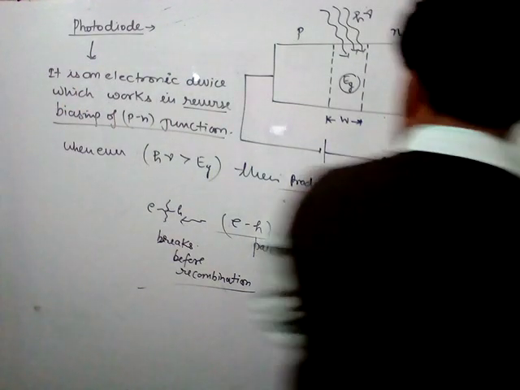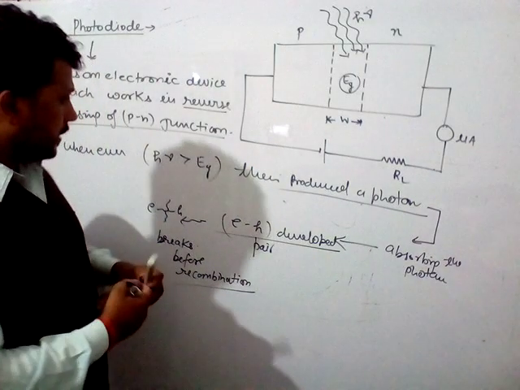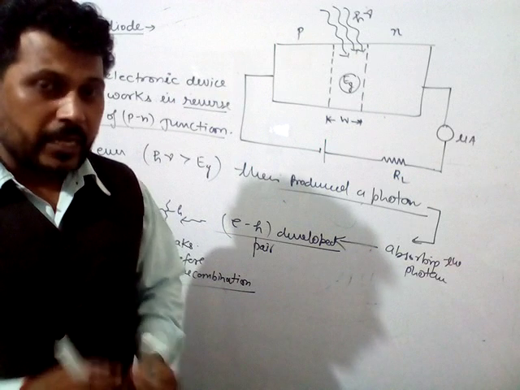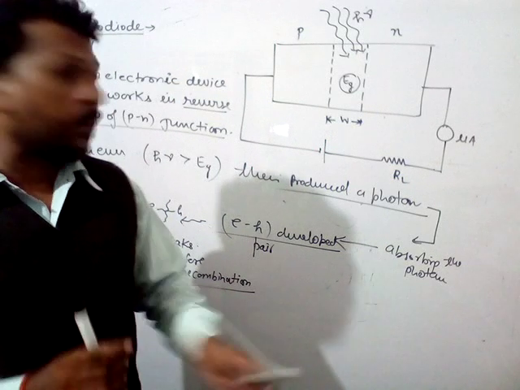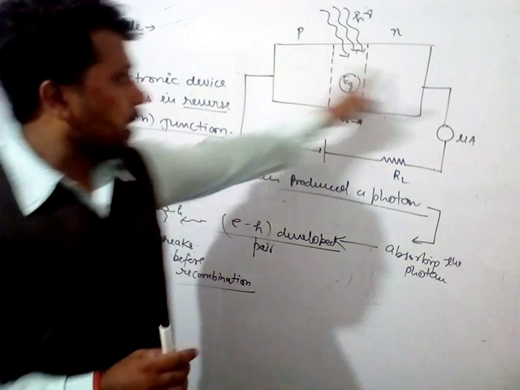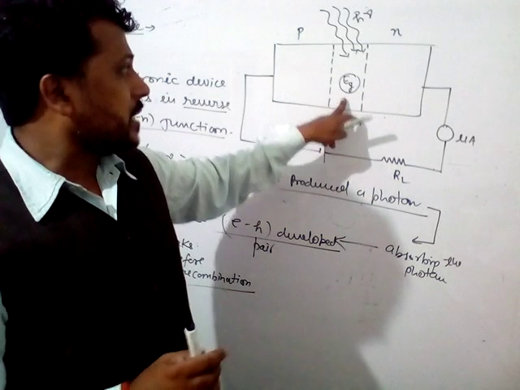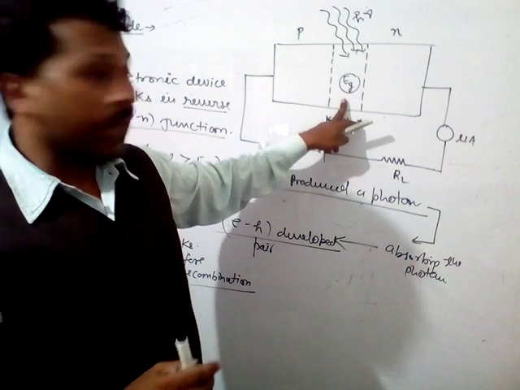So simply, you know that this is a photodiode, an electronic device which operates in the reverse bias of the PN junction diode. Here this depletion layer region works as an optical window.